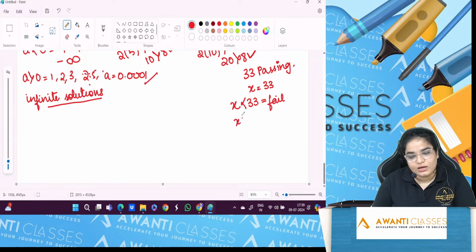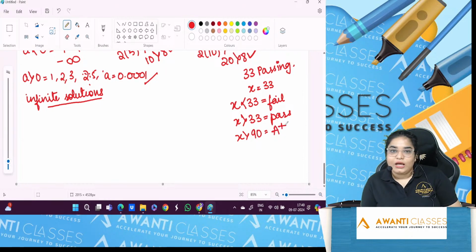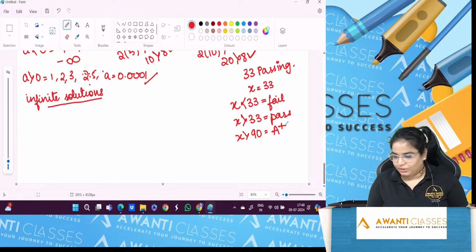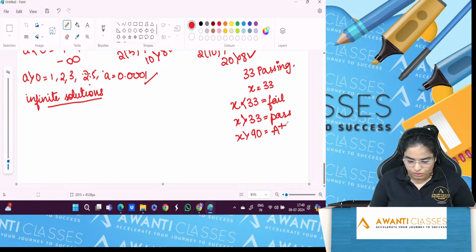If students' marks are greater than 33, it is pass. Similarly, if students' marks are greater than 90, it is A plus grade. Can we say like this? Isn't that an inequality? In real life also, won't you use this? If you have more than 95 marks, A plus. Less than 90 marks, A grade. Don't we do this? It is less than, more than. Very, very simple.